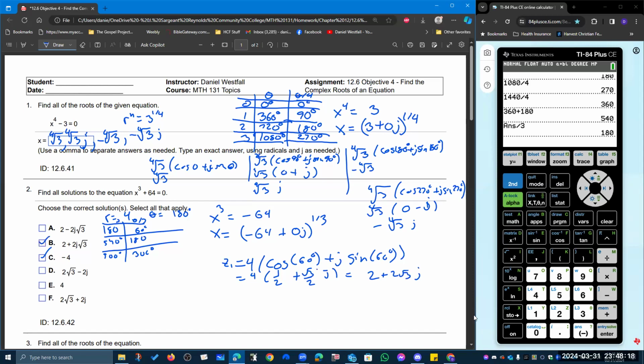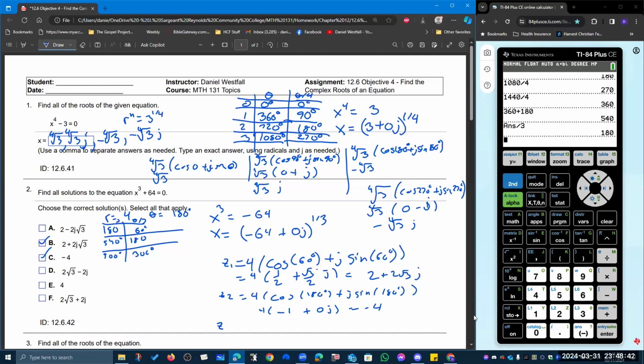That's this one, and then z2 should be the one that we already know: 4 times cosine of 180 degrees plus j sine of 180 degrees, which is 4 times negative 1 plus 0j, or negative 4.